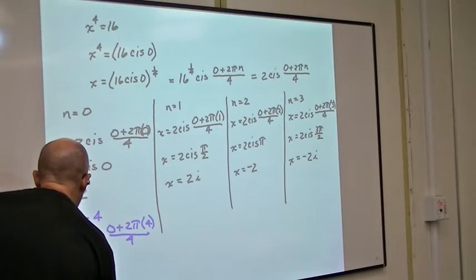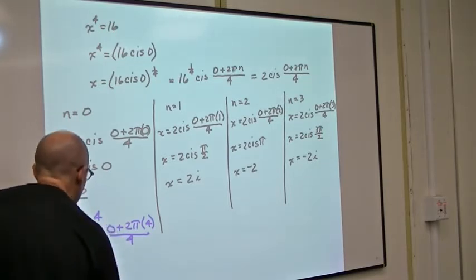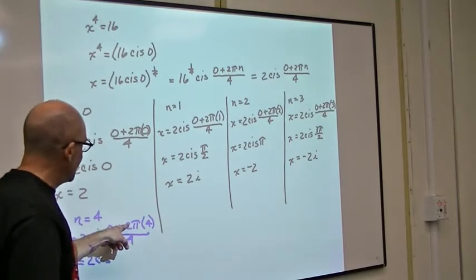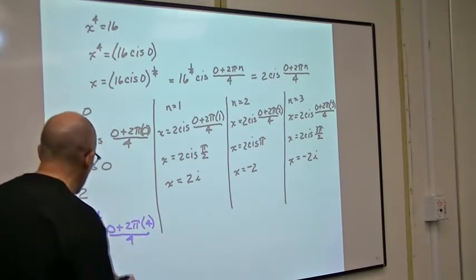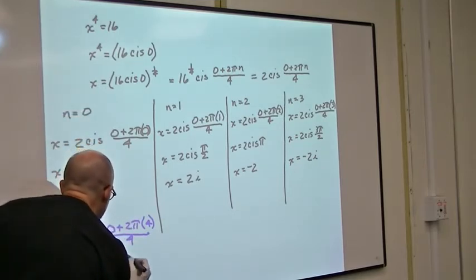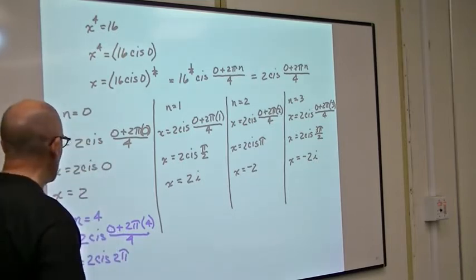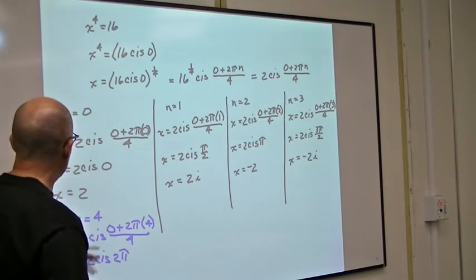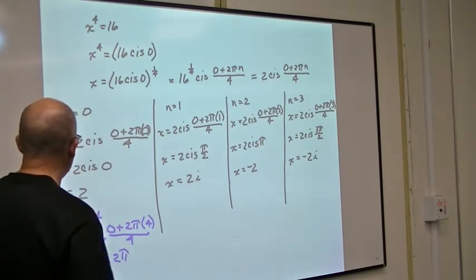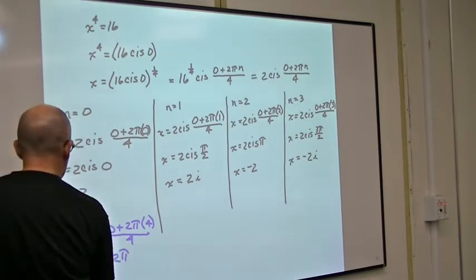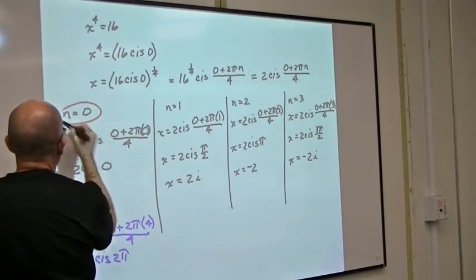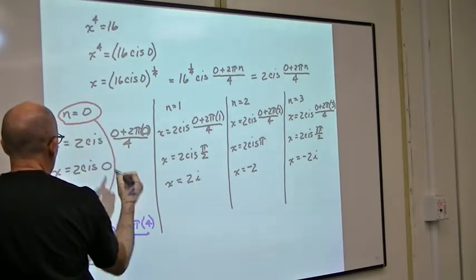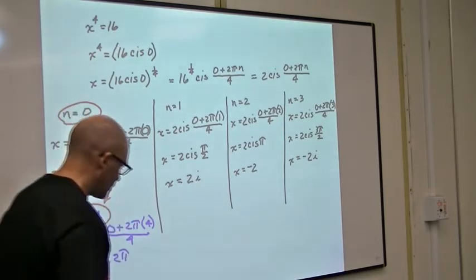So x equals 2 cis... notice what we have is 8 pi over 4, which is 2 cis 2 pi. Well, 2 cis 2 pi is the same thing as 2 cis 0, so it's a repeat of my 0. So the n equals 4 case and the n equals 0 case are exactly the same.